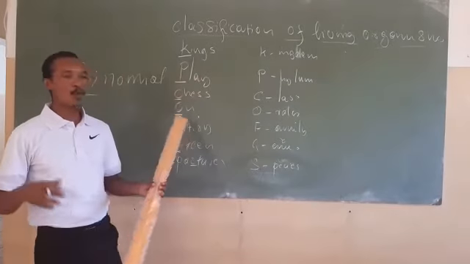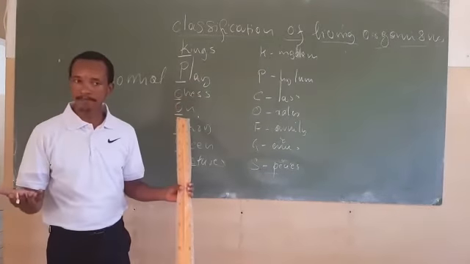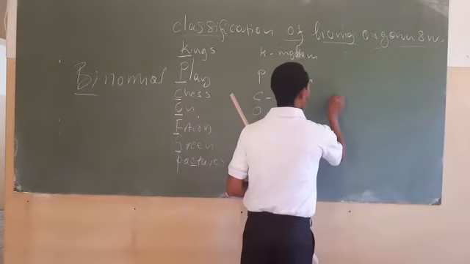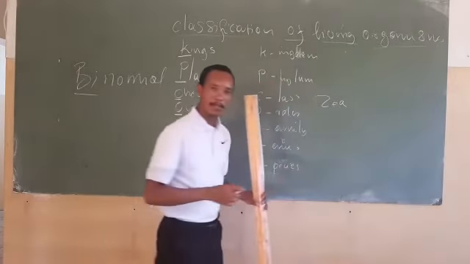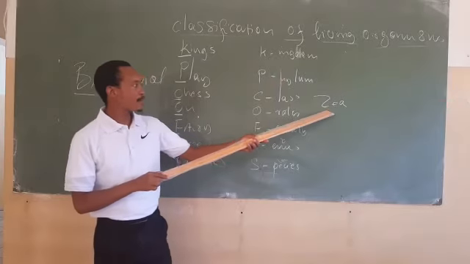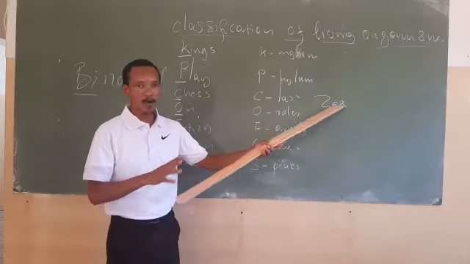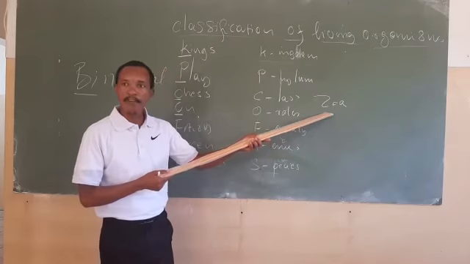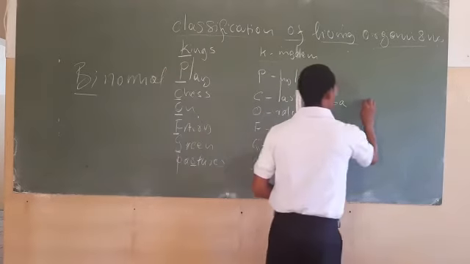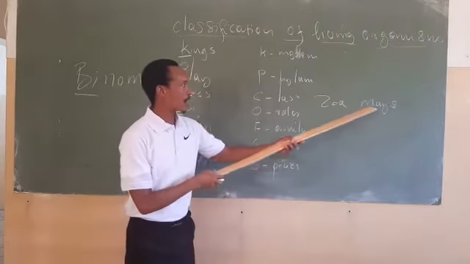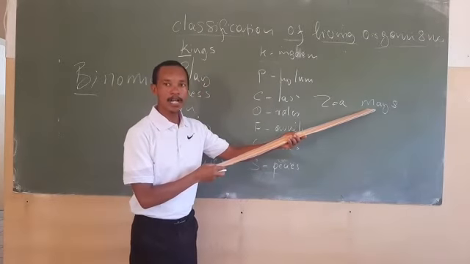Okay, let us say you want to name maize, corn. Maize is actually Zea mays. You notice that the first letter is capital and the others are all in small letters. This is the genus name. Then the species name, mays, is in a small letter, not capital.